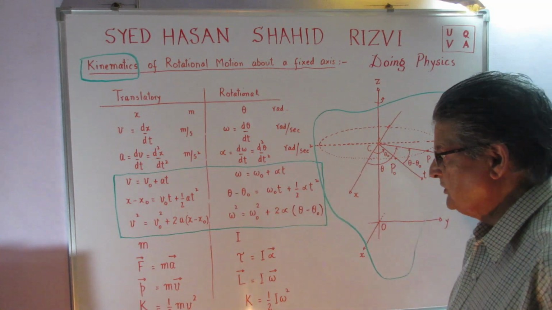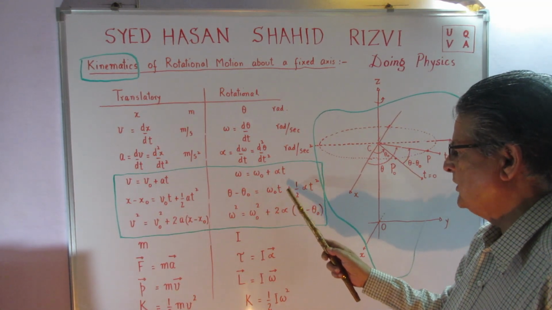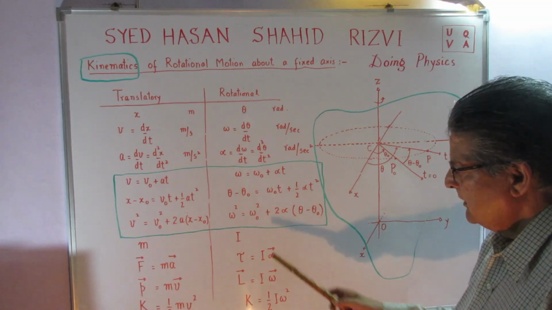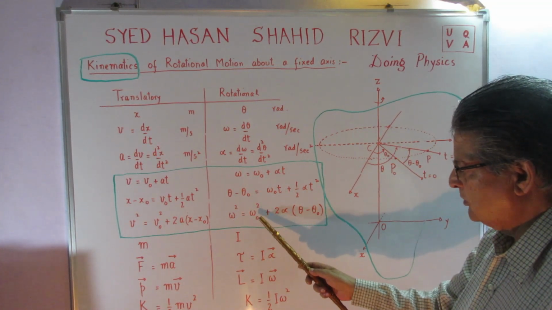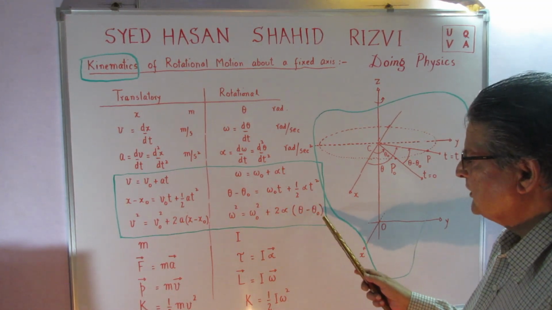On similar lines, like x minus x0, theta minus theta naught is omega naught t plus half alpha t squared, and omega squared is equal to omega naught squared plus 2 alpha times (theta minus theta naught).